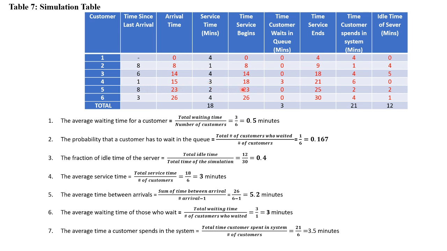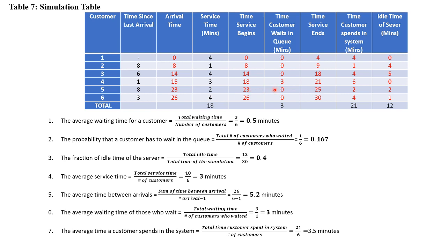The time service begins for customer 5 is 23. That is when customer 5 has arrived, at time 23. But by the time he arrived, customer 4 had already gone. He left at 21. So 23 is the time that service begins.